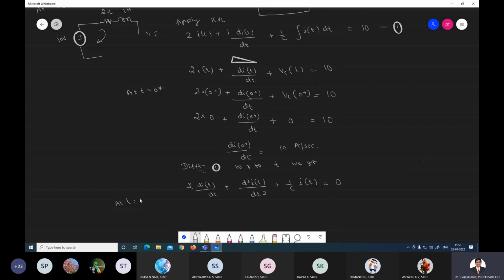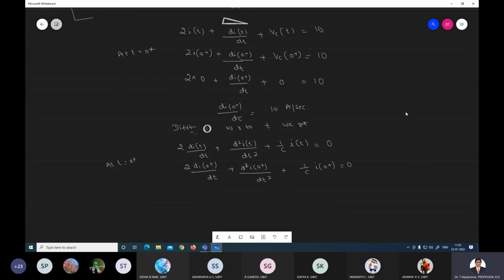At t equal to 0 plus, this becomes 2 into di(0+)/dt plus d²i(0+)/dt² plus 1/C i(0+) equal to 0.